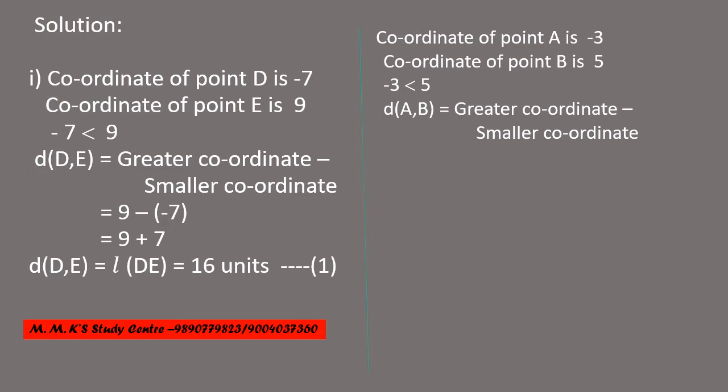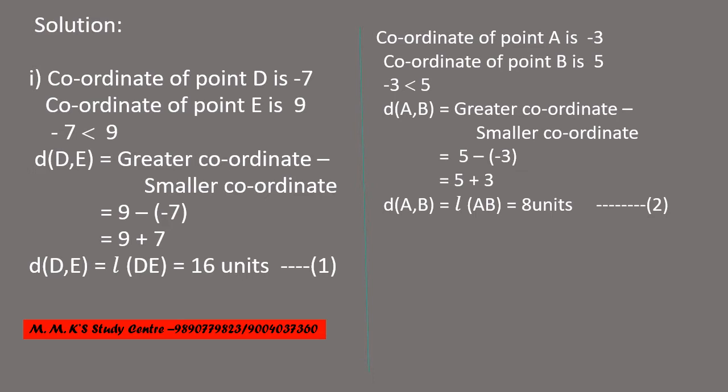So we will write 5 minus minus 3. So 5 as it is, minus minus will become plus. So next step will be 5 plus 3. 5 plus 3 is 8. So again distance is nothing but the length. So distance AB is equal to length AB is equal to 8 centimeter. This is your equation 2.